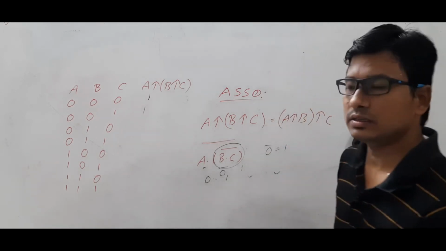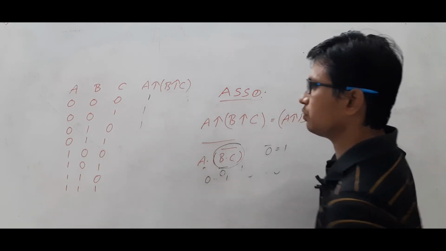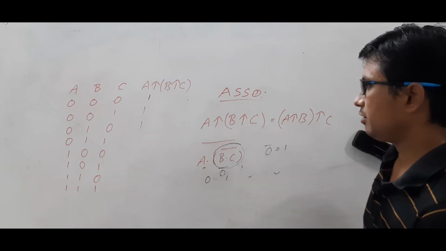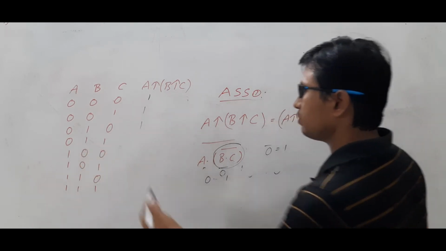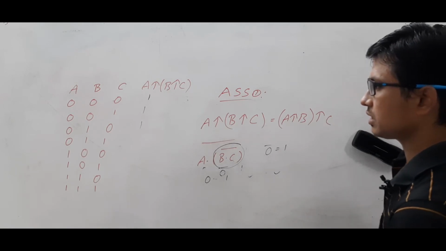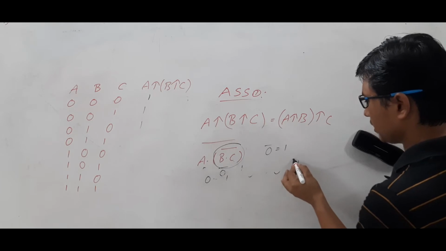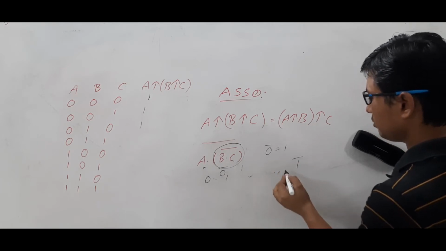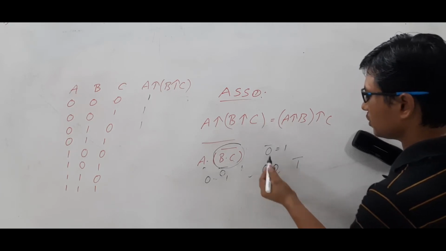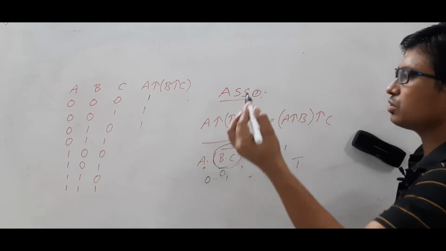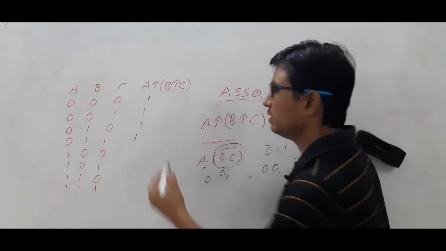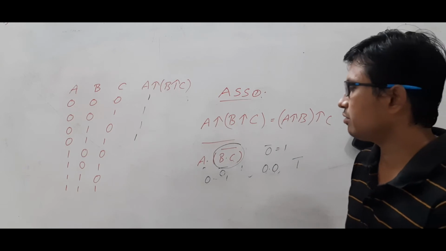Is it clear? Similarly, this will also produce 1. And if you want to verify 0, 1, 1: 1 and 1 is equal to 1, 1's complement will be 0. 0 and 0 is equal to 0. 0's whole complement is equal to 1. If you want to verify, you can verify it.